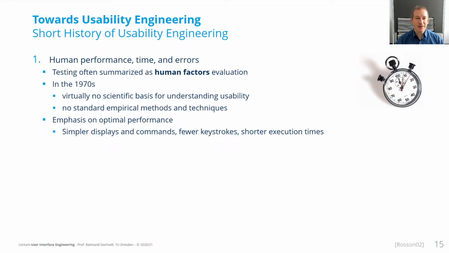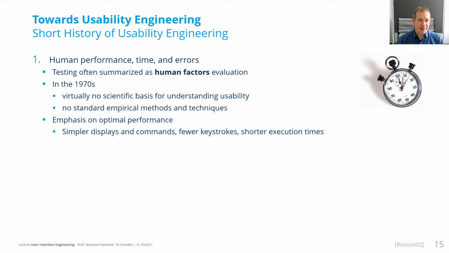So let's look at these three constituents of the development of usability engineering. Of course, first of all, the performance of human beings was tested. That means human factors included basically, actually there was not much knowledge at the beginning, but in the 1970s people gradually started to think about the performance of a system.